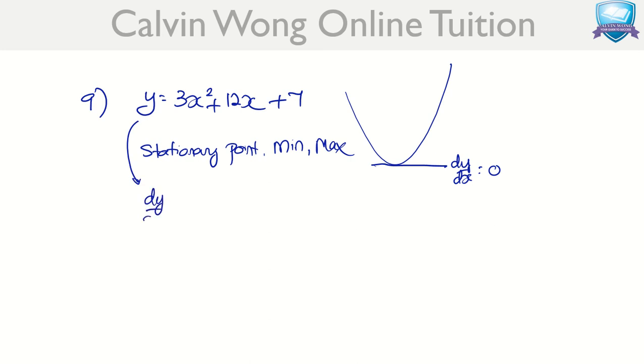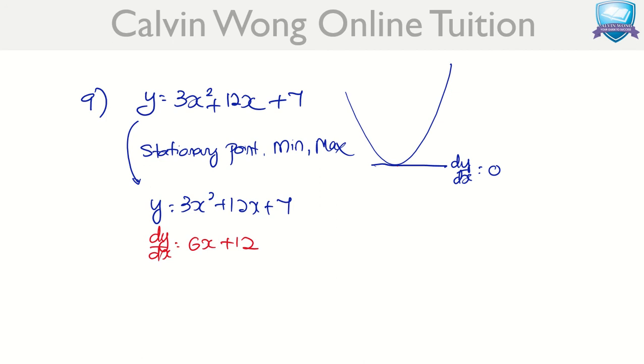Oops, sorry. y equals 3x squared plus 12x plus 7. Then we start to do differentiation. dy/dx is 6x plus 12.